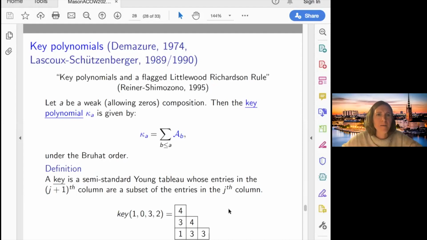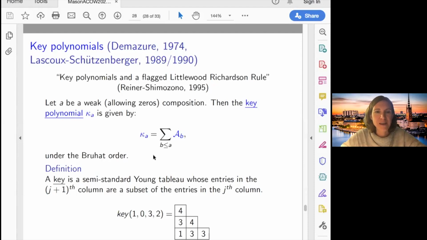So the key polynomials, which are really type A Demazure characters, if you're familiar with that, and a really amazing paper that's already been referenced in other talks at this conference is Key Polynomials and the Flagged Littlewood-Richardson Rule by Reiner and Shimozono. There are lots of different ways to define a key polynomial, but since we've already seen the Demazure atoms in this talk, I'll define it through Demazure atoms.